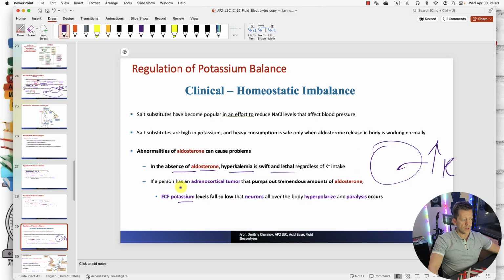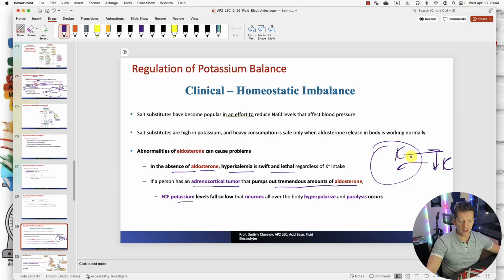But if a person has an adrenocortical tumor that pumps out a tremendous amount of aldosterone, now you have high aldosterone, so you remove potassium, now you have low potassium. Low potassium leads to hyperpolarization, because you have low potassium outside, and now it looks like you have more potassium inside.